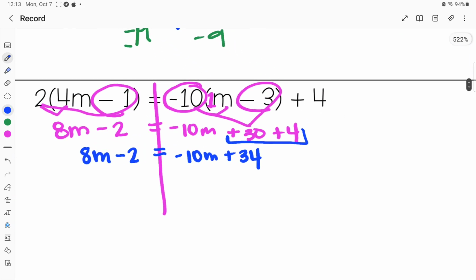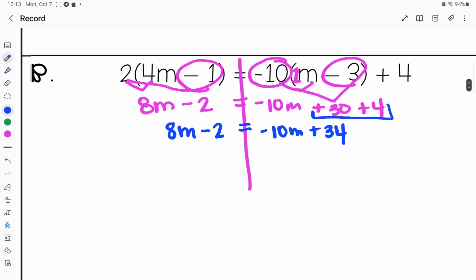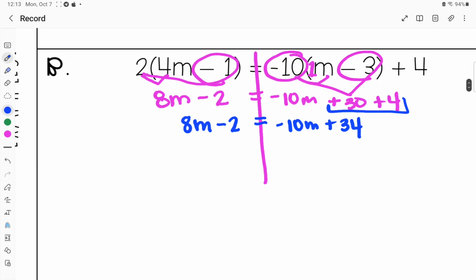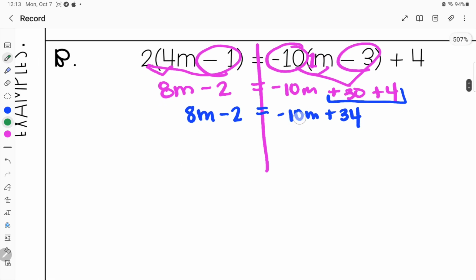I really don't care whether you move them to the left or right. I prefer to keep my variables positive, and most of you will always just move them to the left. That's just what you like, but it doesn't matter. So on my right hand side, I have variables, but I need them all to be on the same side. So I have 10 negative m's. To move them, I have to move the m's and the number attached to it by undoing it.